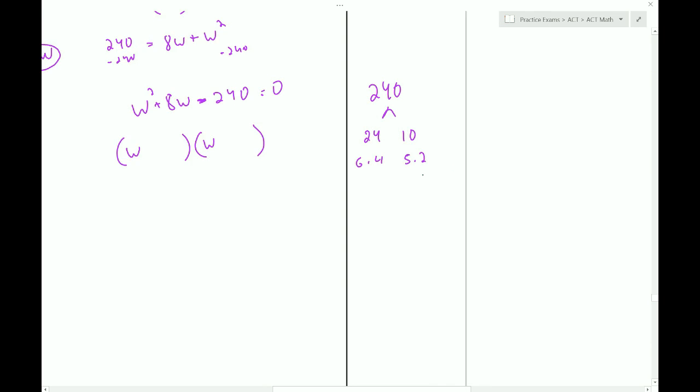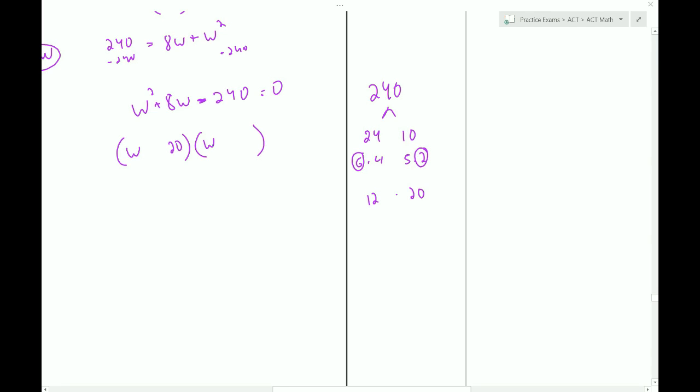And we might have to break down further from here. Let's see. So I found it. We could do 12 times 20. 12 times 20 will multiply up to this and it'll have a difference of 8. So 12 and 20 will be our answers.